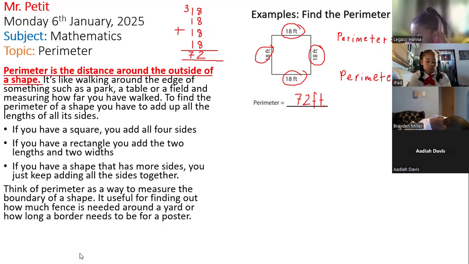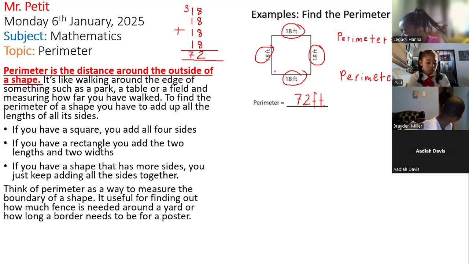Okay, so let's do one more example. Oh, you know what? I don't want to put too many examples because I want to go to the graded exercise. Braden, do you understand this so far? Yes, sir. How do we get the perimeter in this case?